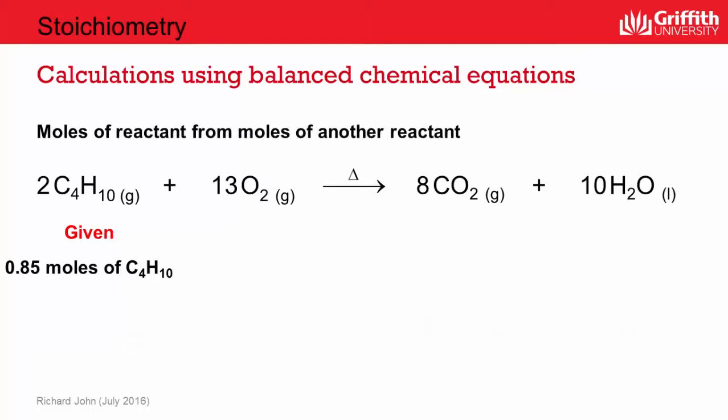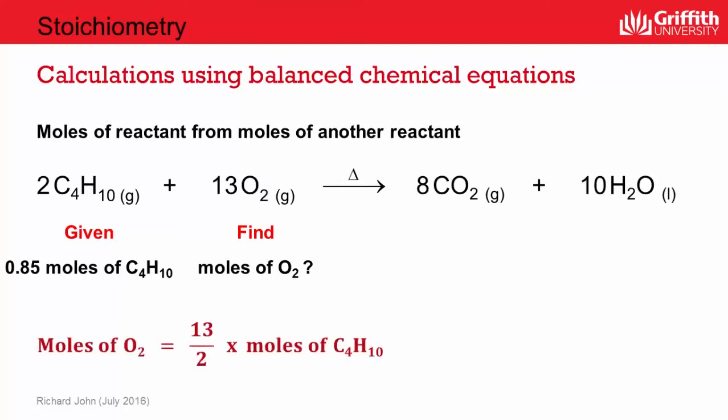So I can do the same to calculate the amount of reactants required. If I had started with 0.85 moles of butane, how many moles of oxygen would be required to react exactly with the butane? Here, moles of oxygen, that's the thing I'm trying to find, equals 13 on 2 times the moles of butane, the substance I've been given information about.